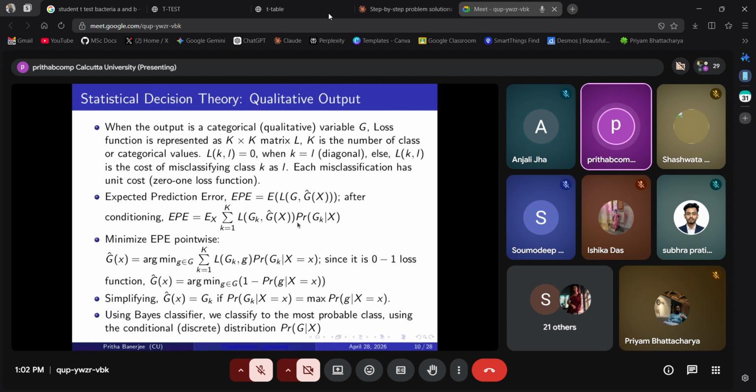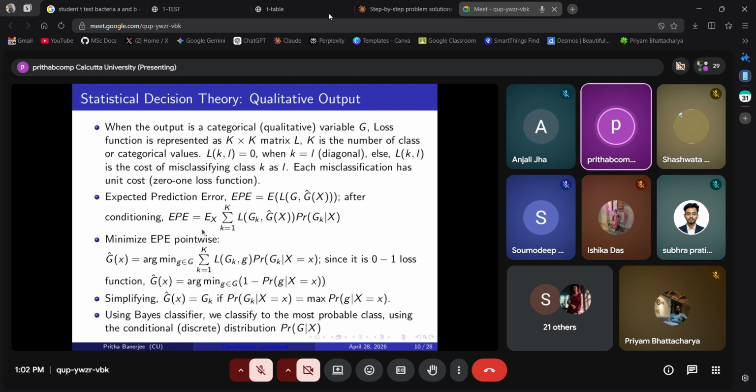Given this X, what is the probability that a particular entry will belong to a class Gk? Gk stands for a particular class, given this loss function.